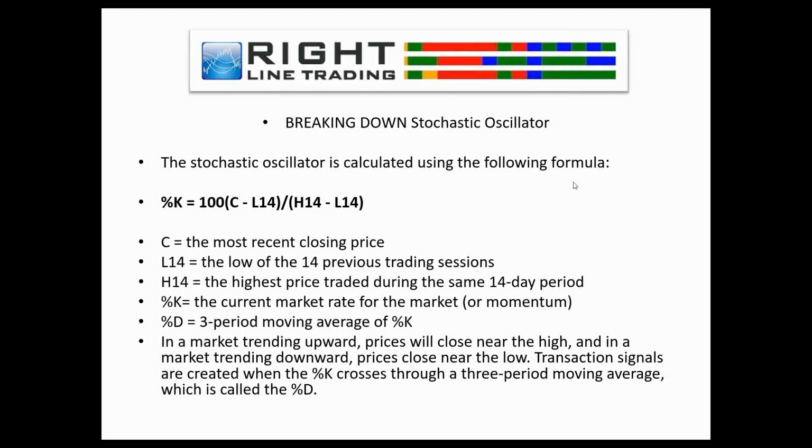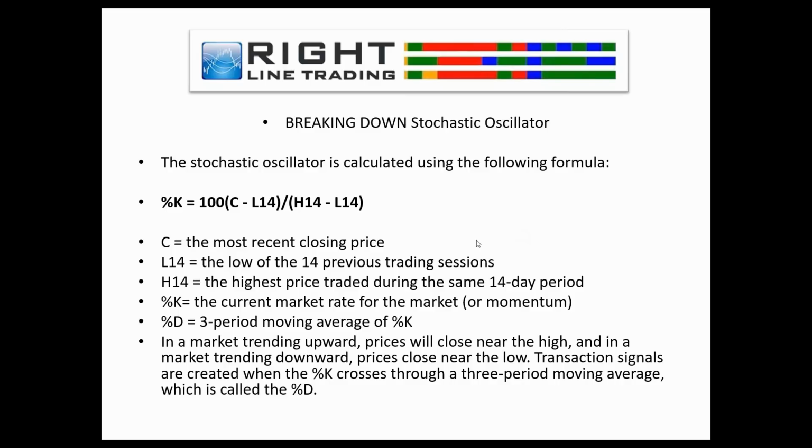Now, just a quick look at the formula for stochastic, because I just want you to understand what that parameter is. It looks at C, which is the most recent closing price, and compares it with a 14-period moving average of the lows and a 14-period moving average of the highs of the candle or the day or the week, depending upon your time frame.